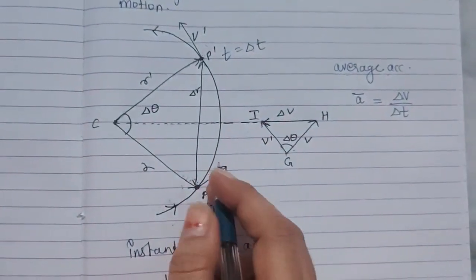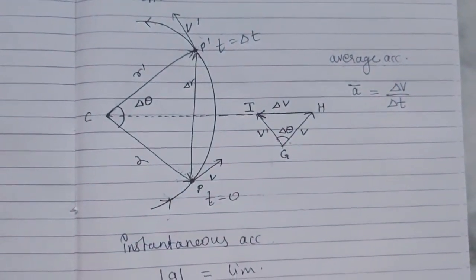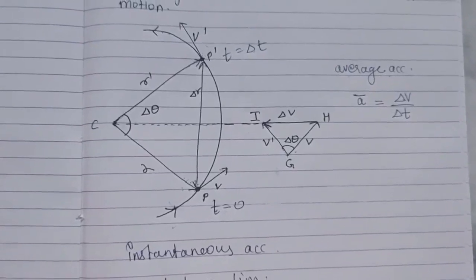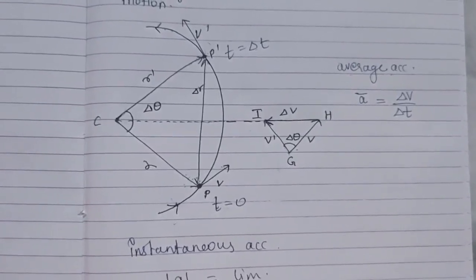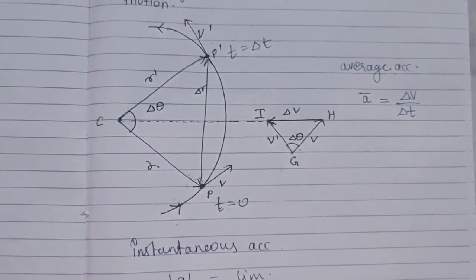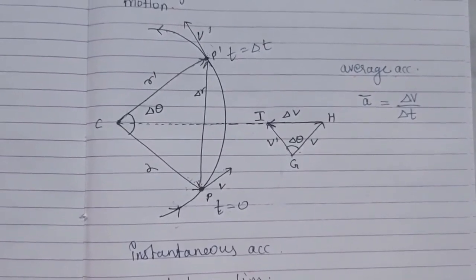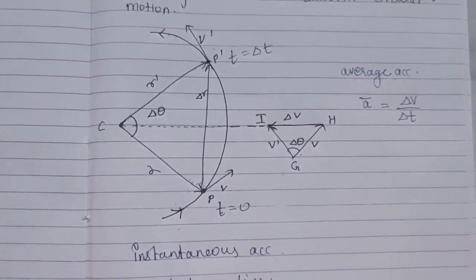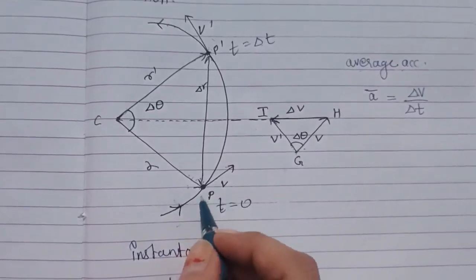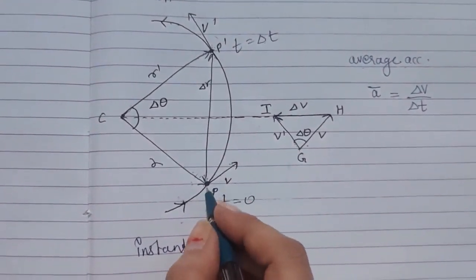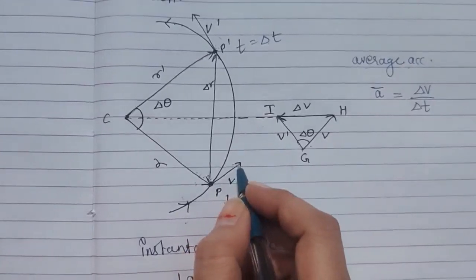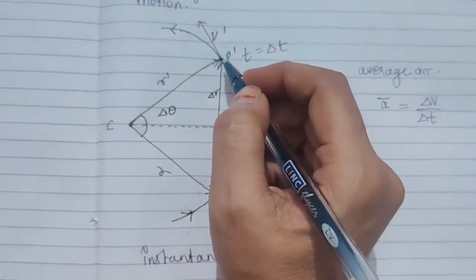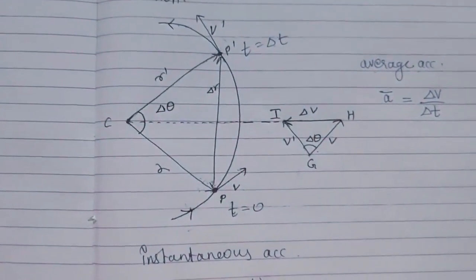As we know, speed is going to be constant, but velocity in circular motion is always changing as the direction of it is changing at every instant. So here, let us say at P the velocity is V, and at P dash the velocity is V dash.